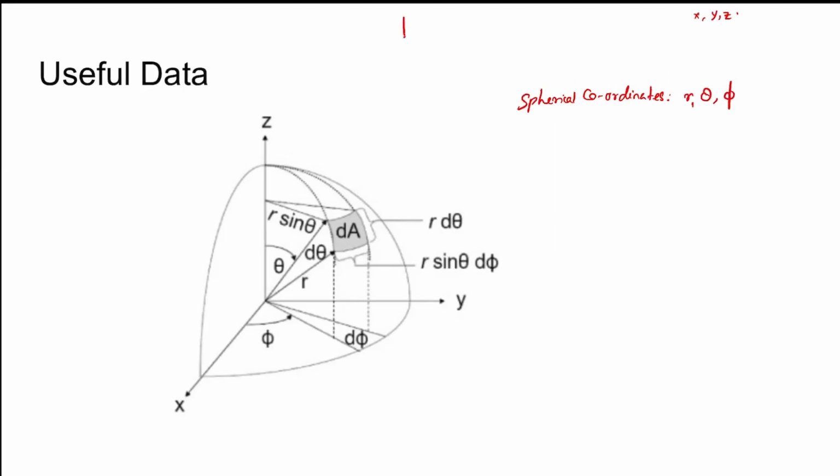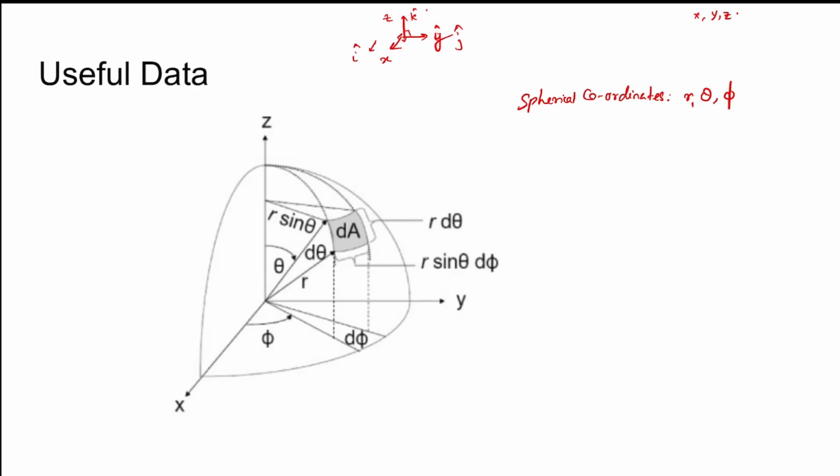Just like these three axes, this is x, this is y, this is z. In the x direction you have i cap, in the y direction you have j cap, and i cross j equals k cap, such that these three are 90 degrees apart.